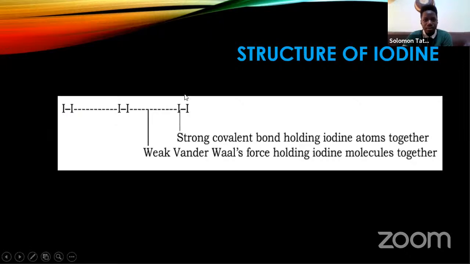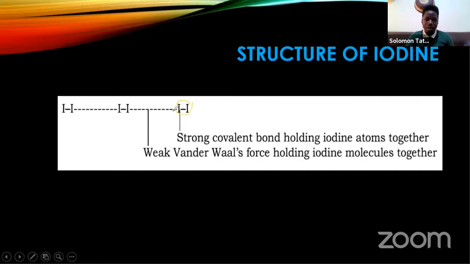We have the strong covalent bond holding iodine atoms together. Iodine is diatomic, so it's made up of two atoms, and the two atoms are held together by a very strong covalent bond.